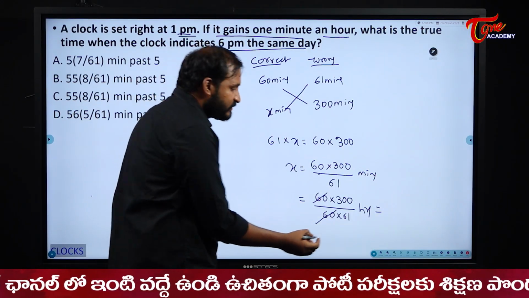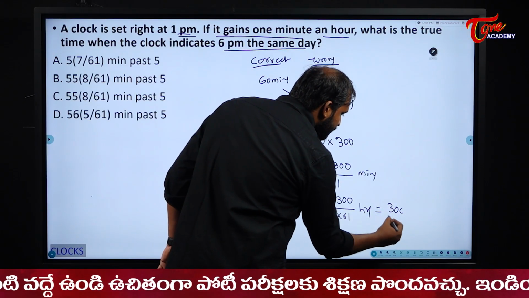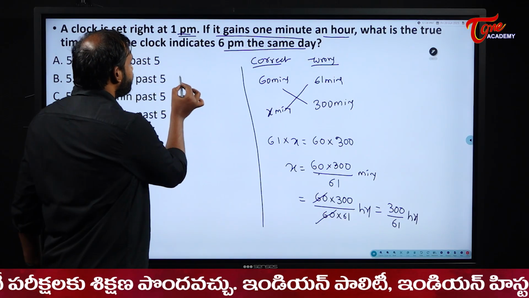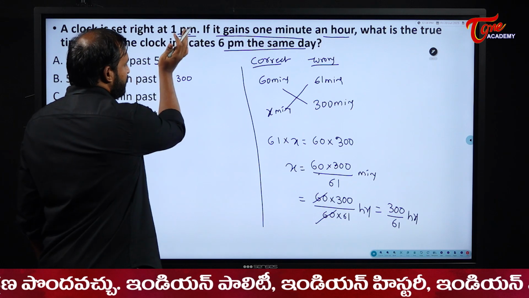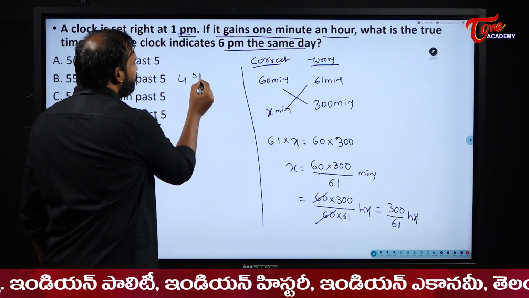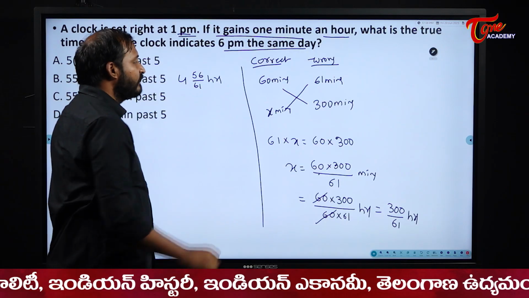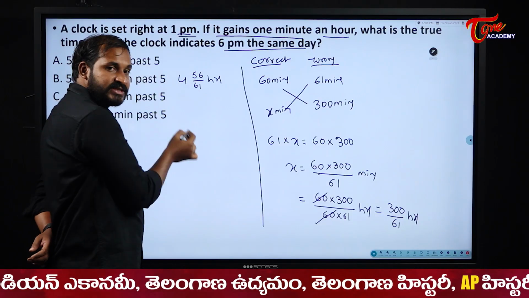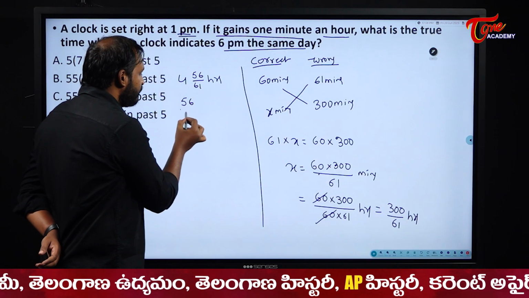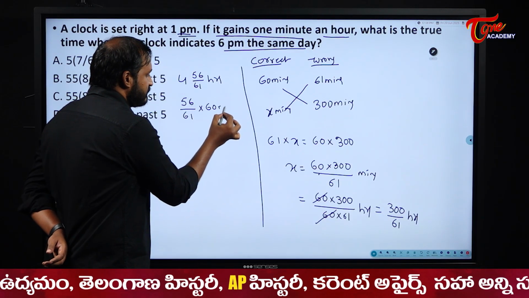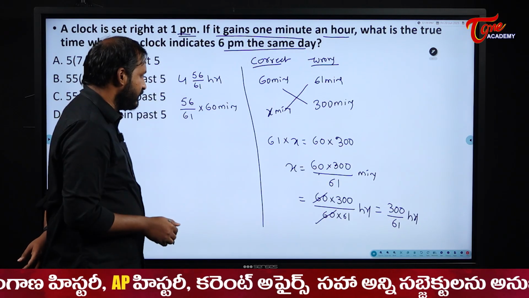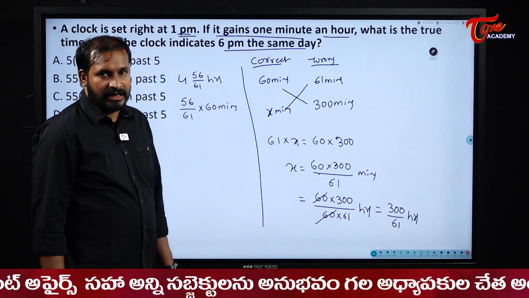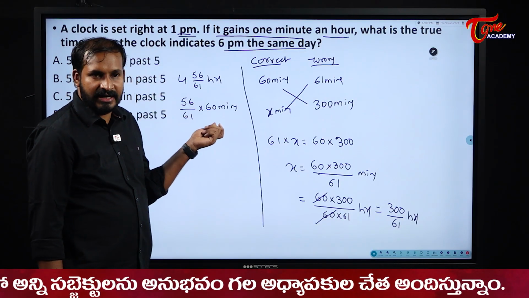So what happens to this one, students? Here for me, 300 by 61 hours. If I convert, it will become 4 and 56 by 61 hours. Don't worry about this 4 hours, we will add it later. We will check 56 by 61 into 60 minutes. 56 sixes, 5 sixes 30, and 6 sixes 36.